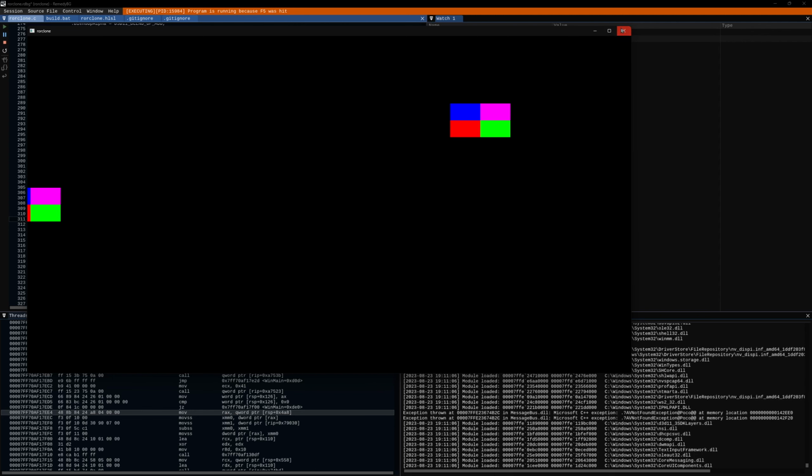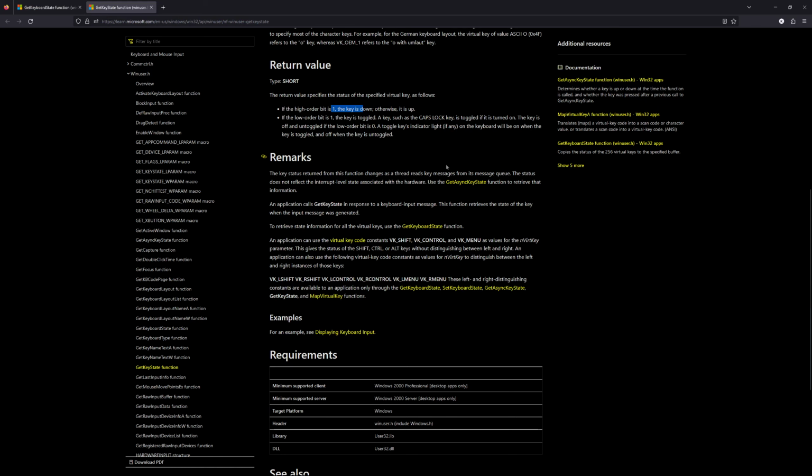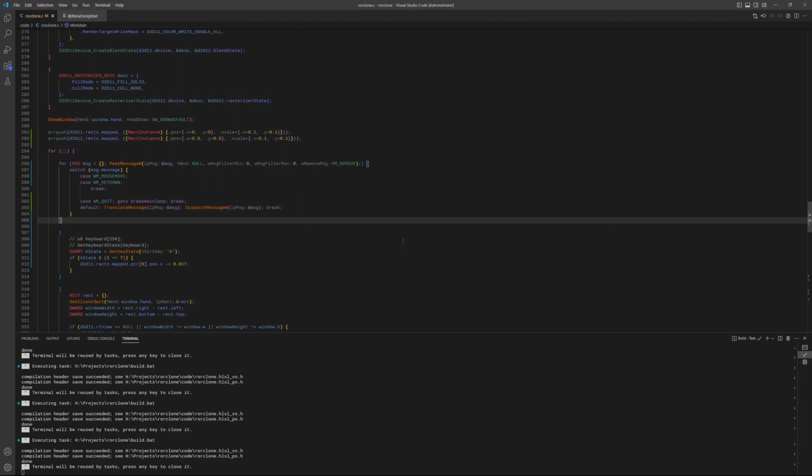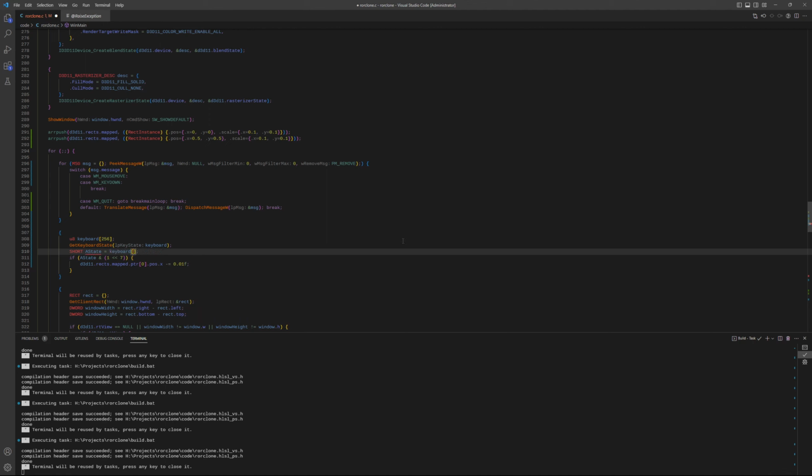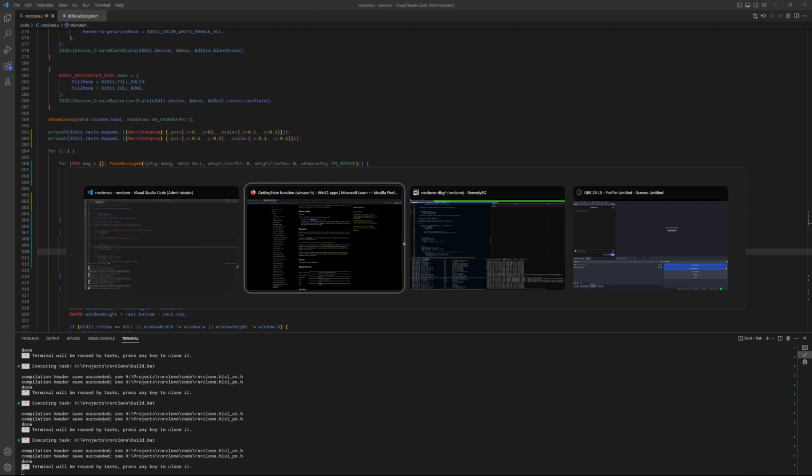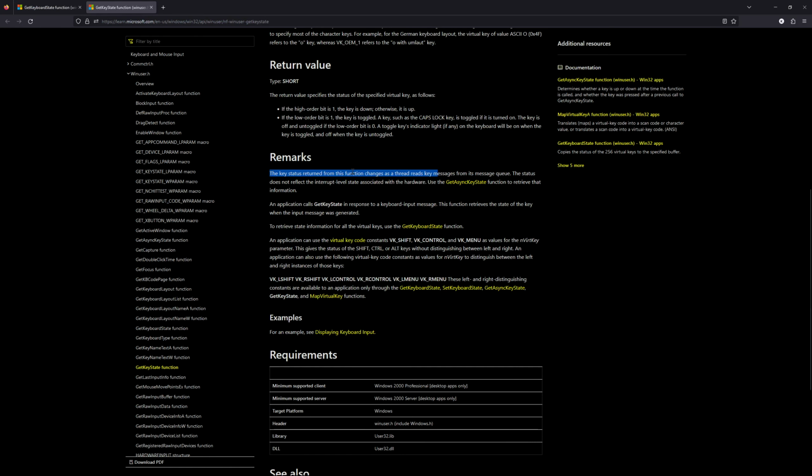Okay. So the low order only really makes sense for things that get toggled. So I'm guessing GetKeyboardState, does it return just a bunch of those? Does it work the same for GetKeyboardState?